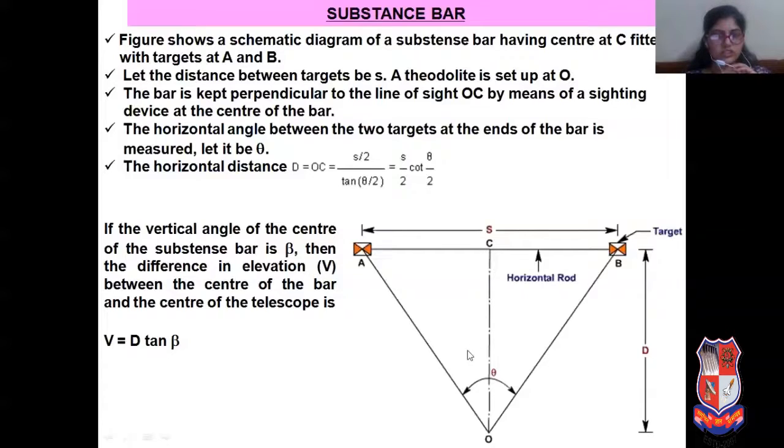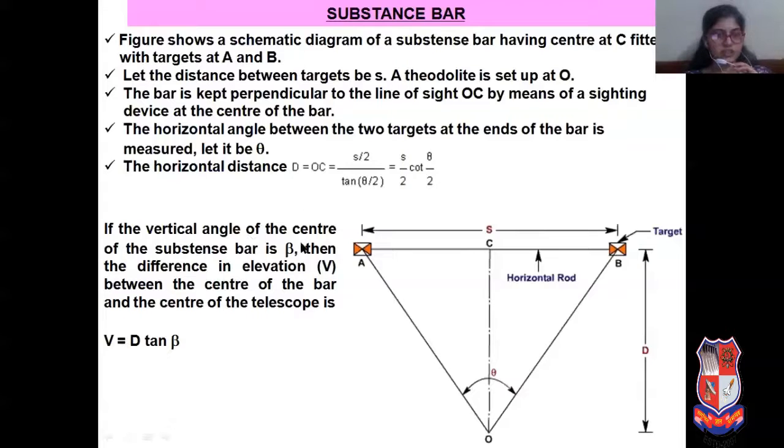The horizontal distance capital D is equal to OC. And this OC, we can get by applying tan rule in theta by 2 triangle. That's why we will get OC is equal to s by 2 divided by tan theta by 2, which is equal to s by 2 cot theta by 2.